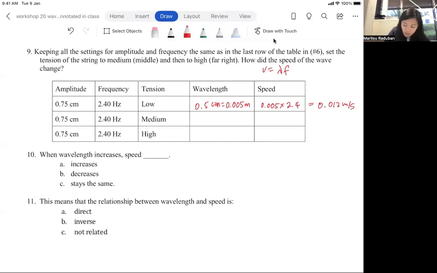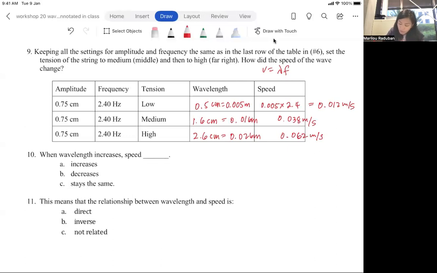For the medium tension, you'll have a wavelength of about 1.6 centimeters, 0.016 meters, and a speed of 0.038. And high tension, 2.6 centimeters, 0.026 meters, gives you a speed of 0.062 meters per second.